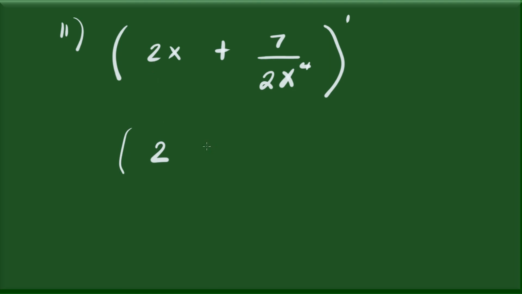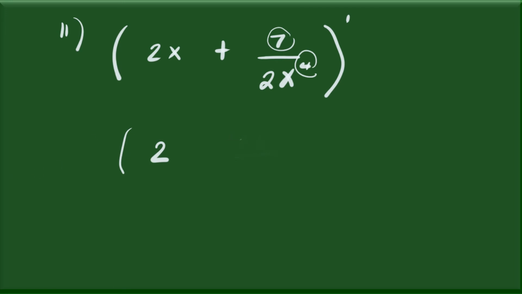Again, multiply this 7 and 4. That's going to be 28 over... So what's going to happen to this number 2 here? Let me show you how to deal with that 2 next to the x to the 4th.